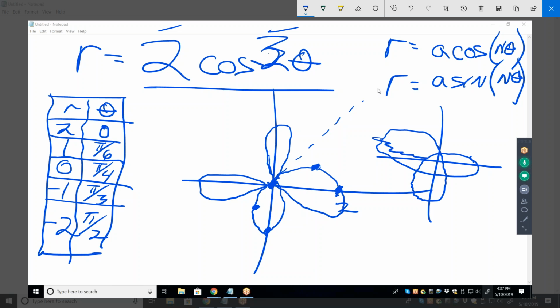I meant to bring that down like that. So it's actually a lot easier to deal with rose curves because you can figure out immediately what they're supposed to look like. Certainly you know how many petals it has based on n.